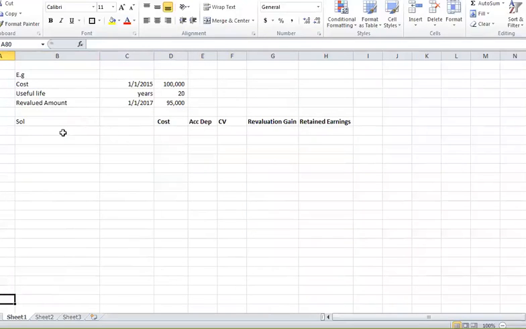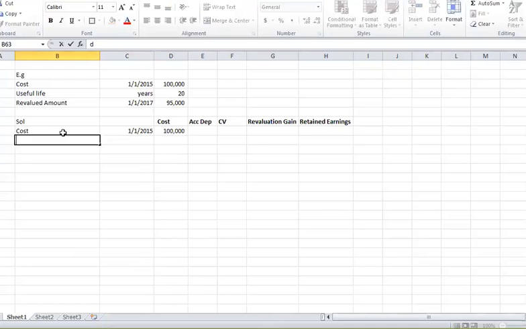So first of all, cost. On 1st of Jan 2015, we have purchased this asset for 1 lakh. This is the first transaction. And after that, depreciation. Obviously, we need to charge the depreciation for 2015.